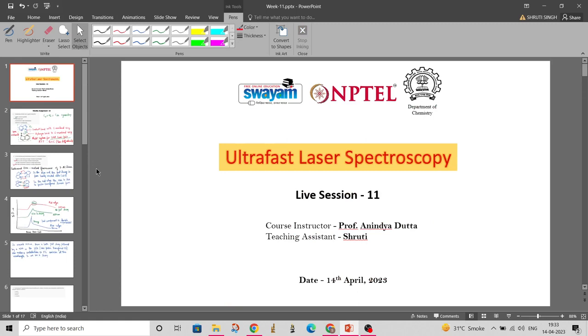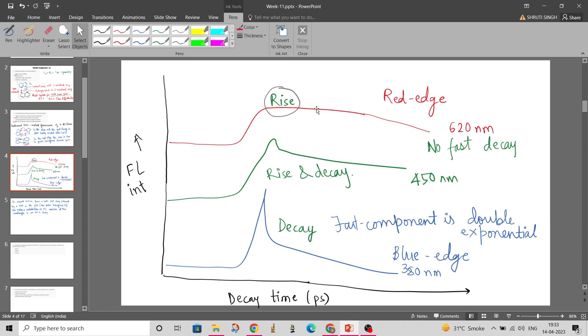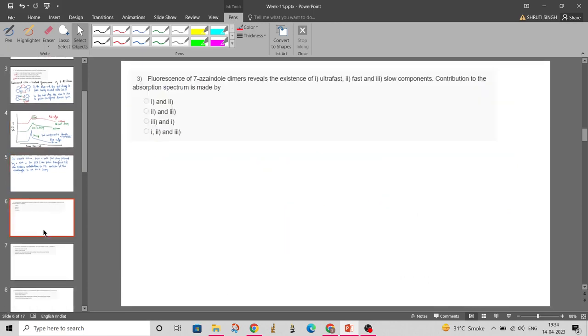So this is the second question: when the time resolved fluorescence decay is taken at the red edge and the blue edge, at the red edge we see a rise in the fluorescence decay, and in the blue edge we see a faster decay. That's all, and let's move to the third question.